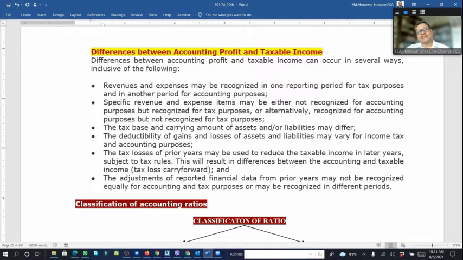Why these differences? If we see one by one, revenue and expense may be recognized in one reporting period for tax purposes and in another period for accounting purposes. Basically, our basic differences would be in depreciation, provident fund, gratuity, and revenue recognition, etc. So what is the difference in depreciation?